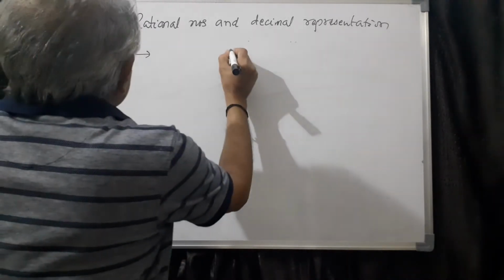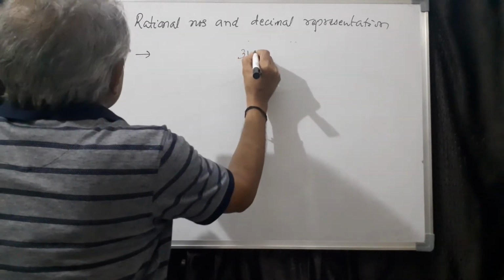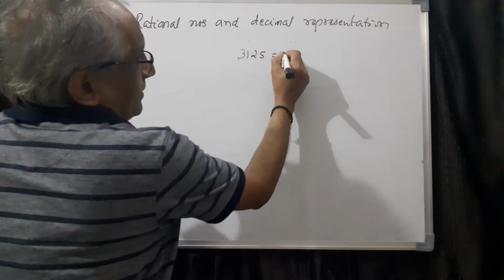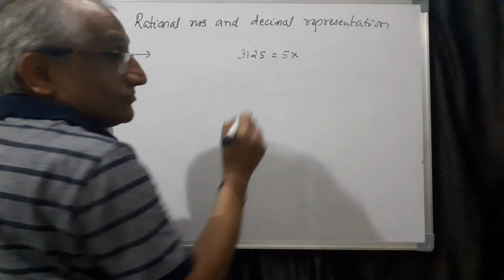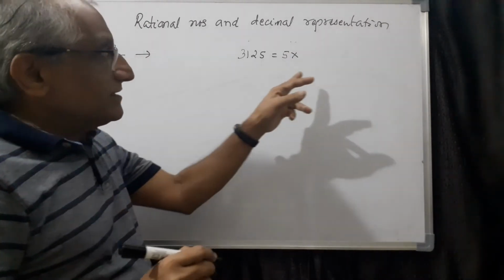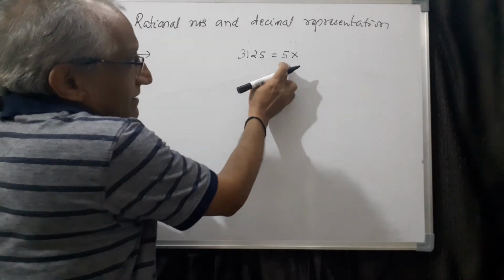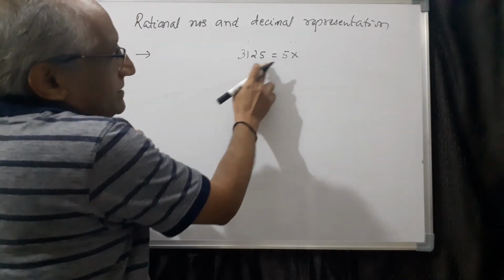So first consider 3125. We know 5 can be a factor. Using the fundamental theorem of arithmetic, we can factorize this in terms of primes. So it is definitely divisible by 5.